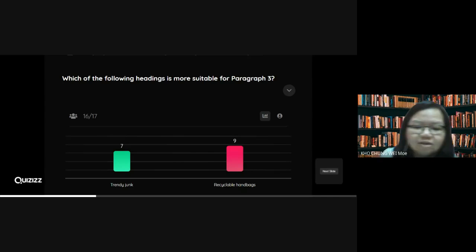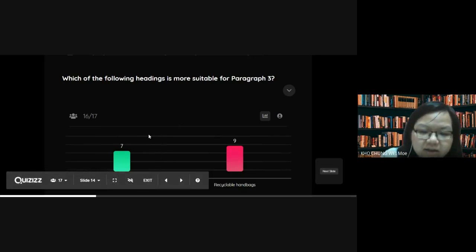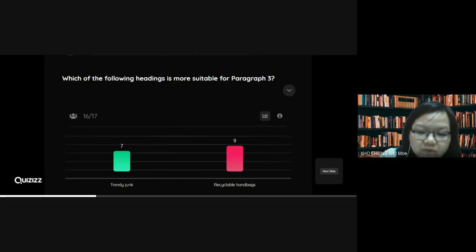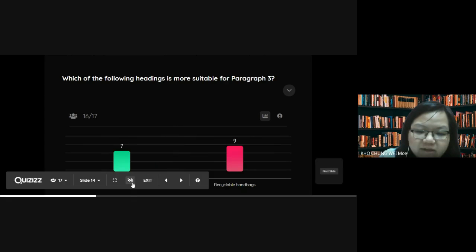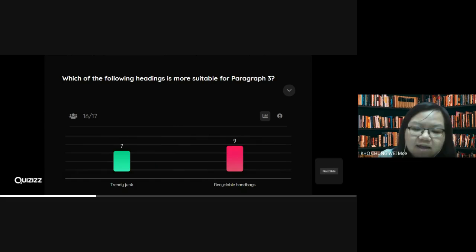So the word trendy junk in the first title would be more suitable because the word junk refers to rubbish. If you notice, all car plate numbers are junk. These are all things that people do not want anymore.